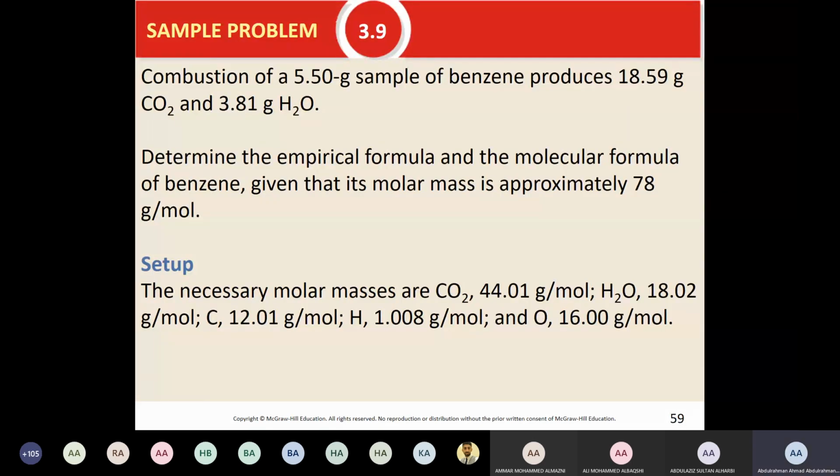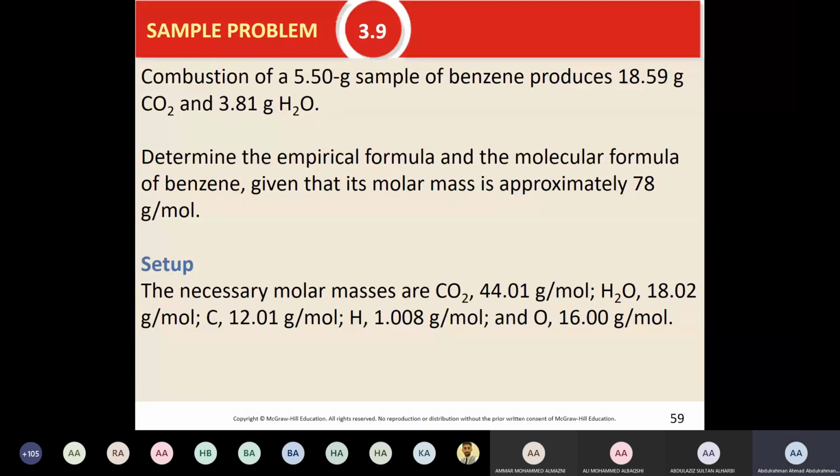Combustion of a 5.50 gram sample of benzene produced 18.59 gram CO2 and 3.81 gram H2O. All right, determine the empirical formula.